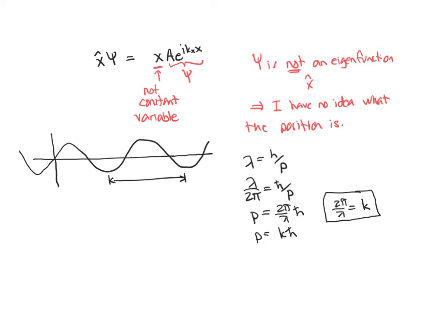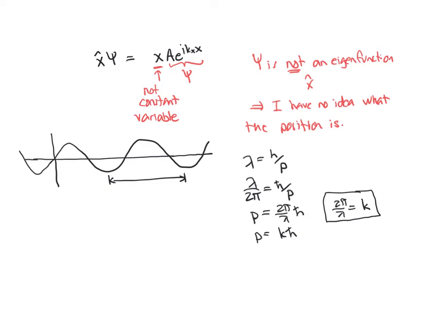It's everywhere on the x-axis. And so I have no idea where it actually is because it's everywhere. So it makes sense that psi is not an eigenfunction of the position operator, but it is an eigenfunction of the momentum operator, because this wave has a set wavelength, a set k value, and it exists everywhere on the x-axis.